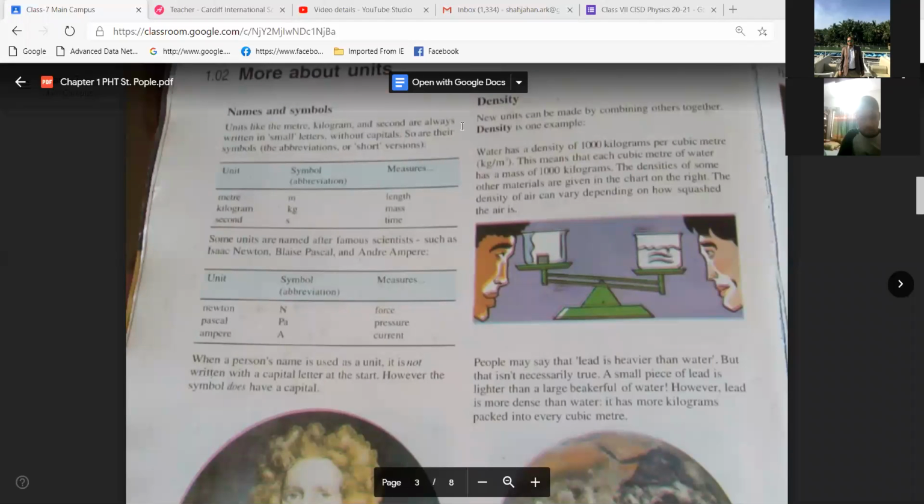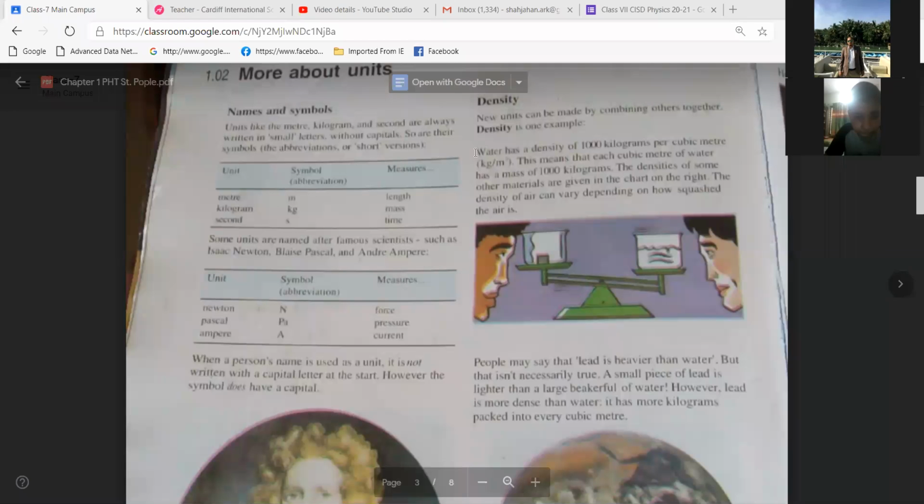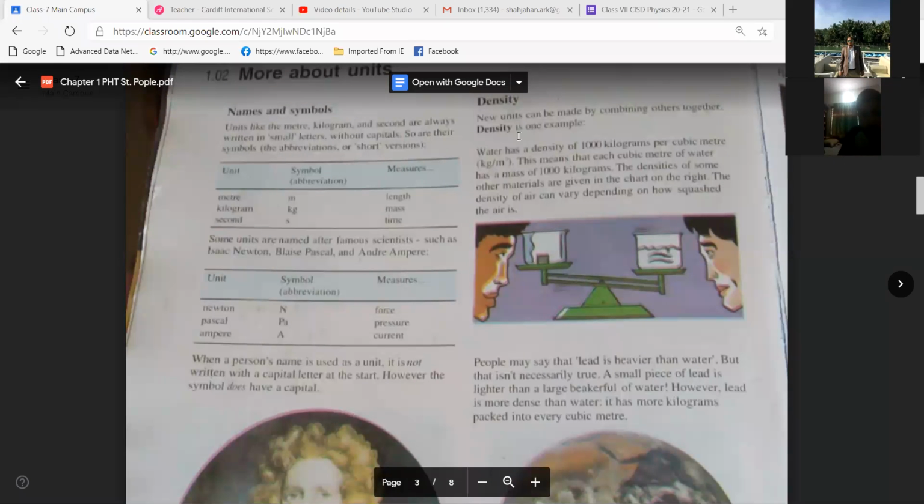Can you say it with me? Density is mass per unit volume. Can you repeat after me? I'm writing. Yeah. Density is mass per unit volume.